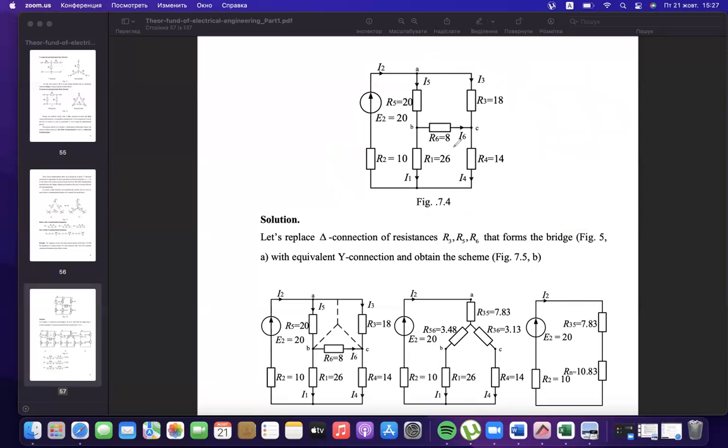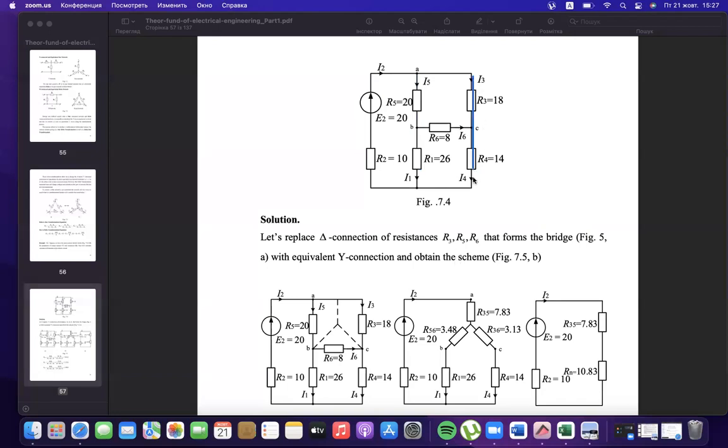But what should we do if we have a resistor in the central branch? Such a type isn't parallel, isn't serial. Specifically in this case, it's quite useful to use a star delta connection, because here we have lots of such types. We have at least one star here with a central point.